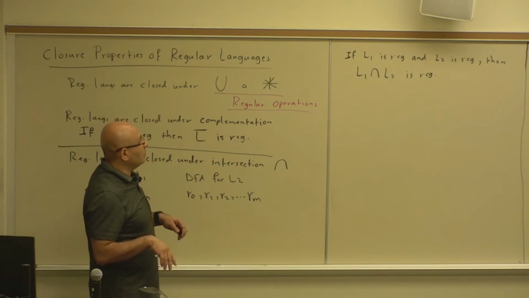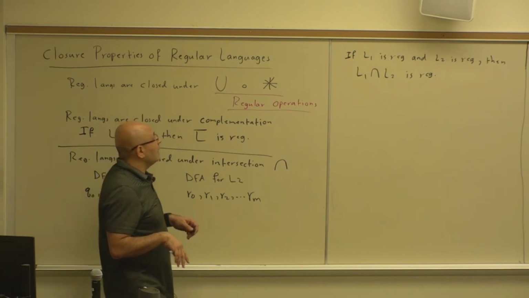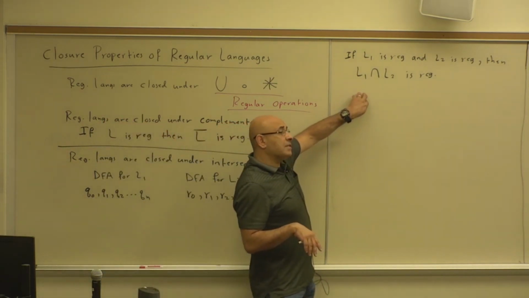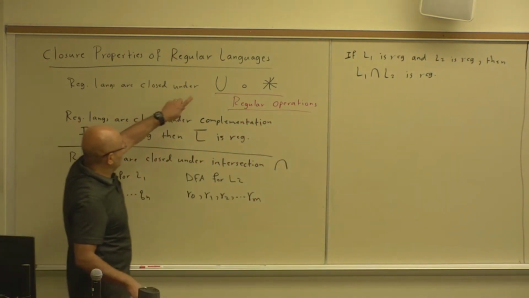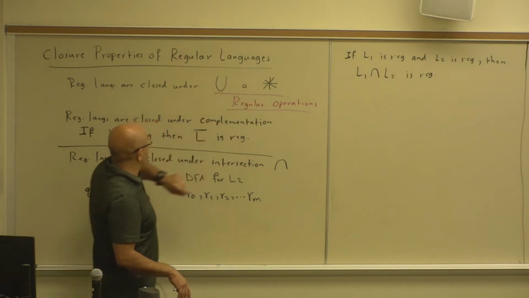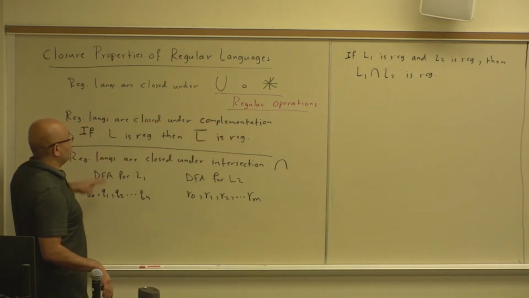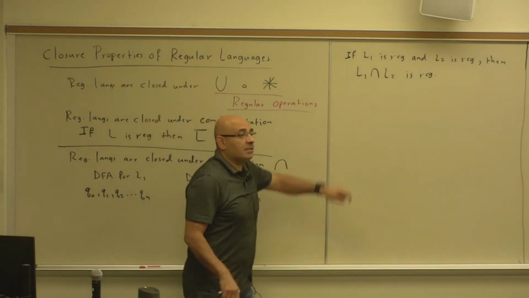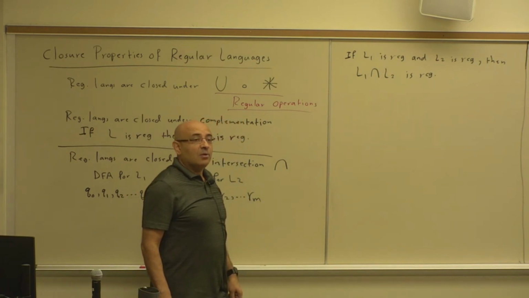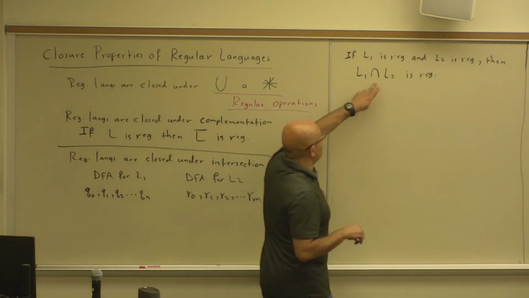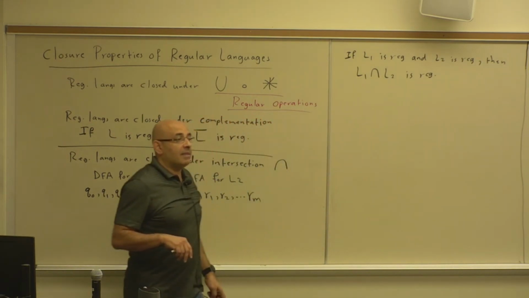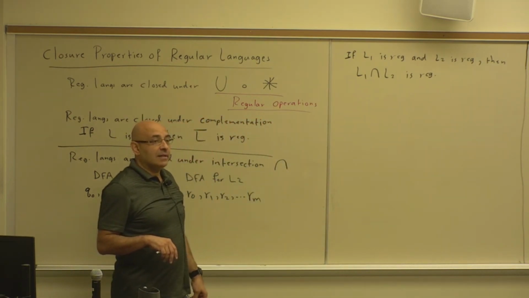Okay. So how do we prove this mathematically, using what we have proven: union, concatenation, star, complementation? In set operations, what's the relation between the intersection and the union?